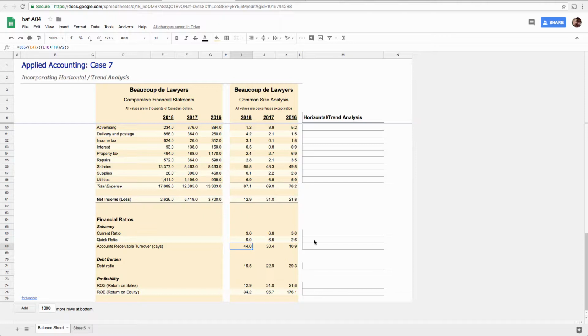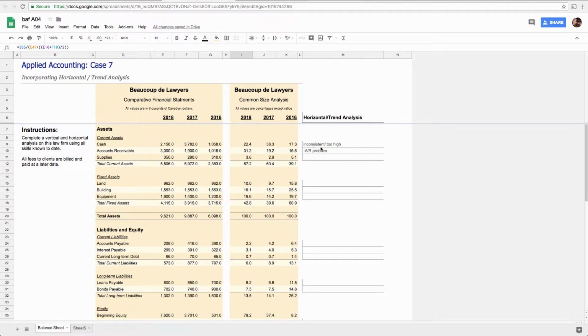So you've really slowed down on collecting, or you've started taking on clients that maybe shouldn't be, because this is a law firm. So you've got a problem in collections. It's growing, and it's consistently growing each year. That's an issue. And you probably wouldn't have spotted that just by looking at those numbers.